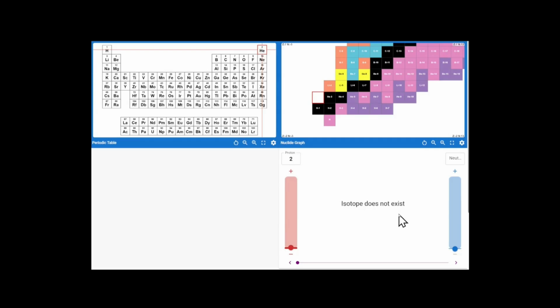And the reason it doesn't exist is beyond the scope of this course, but it's because it would break some quantum mechanics laws. It would break Pauli's laws. It would break Schrodinger's laws as well. So helium can only exist in these isotopes. So this is a neutron, this is hydrogen, helium, lithium, beryllium, boron, carbon, etc.